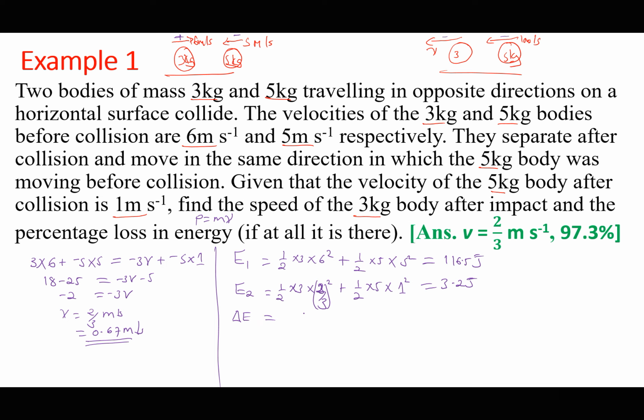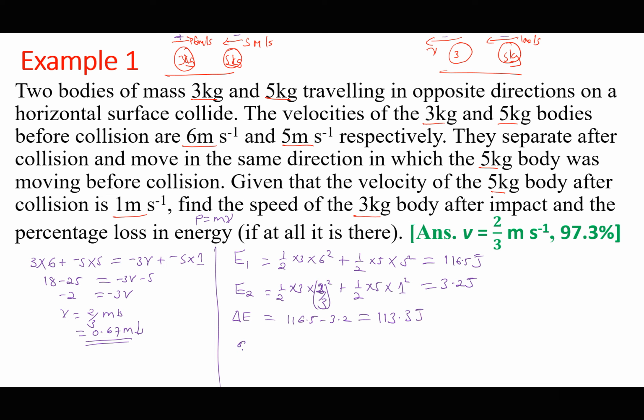So the difference in energy, or the loss in energy, but remember energy is not completely lost, it's just transformed to other forms which are not kinetic. So the difference in kinetic energy is going to be 116.5 minus 3.2, that is 113.3 joules.